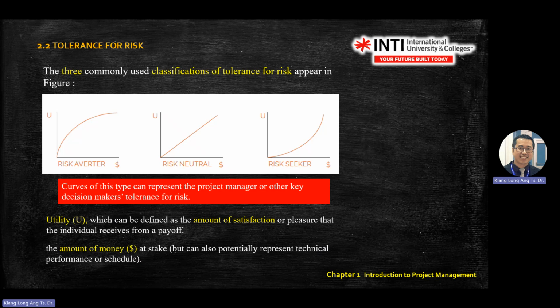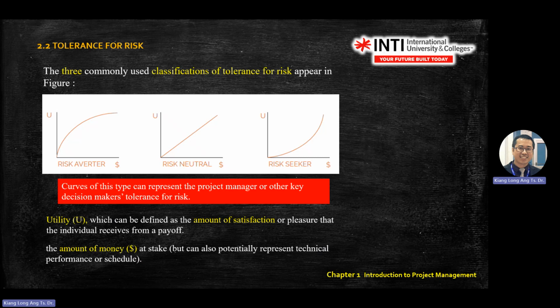So for example, I pick the risk seeker. Risk seekers are willing to spend a lot of money even if there is no reward.